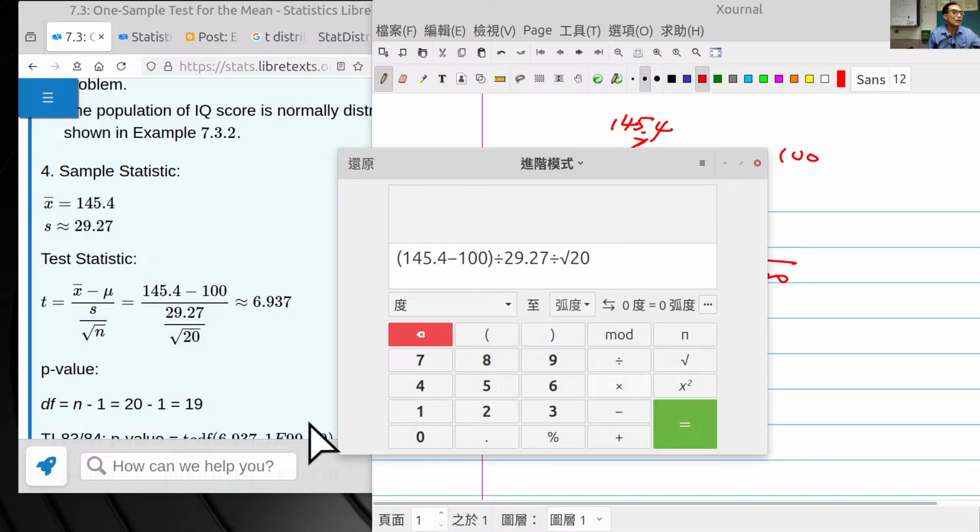But the whole denominator is this one, so you need to change the division to multiplication, or you can still use the division, but put parentheses here.